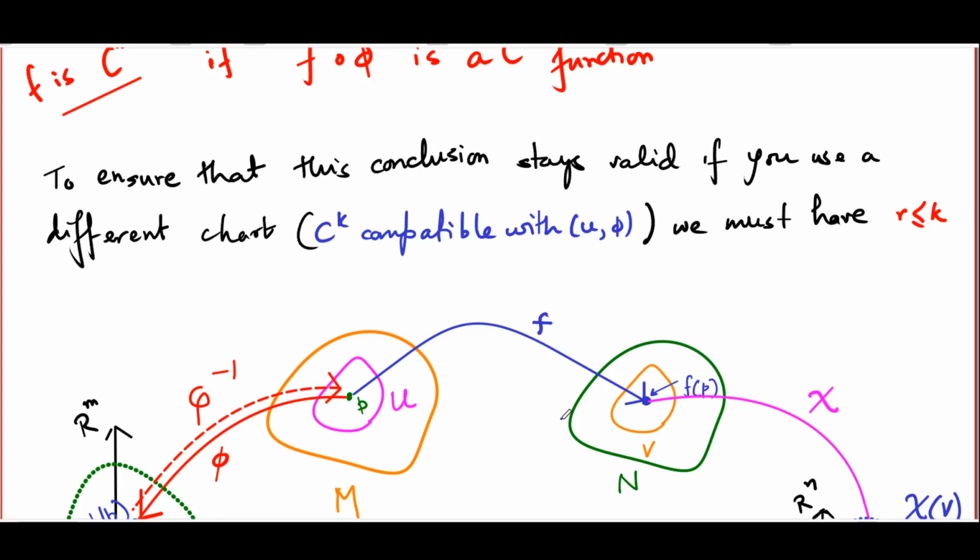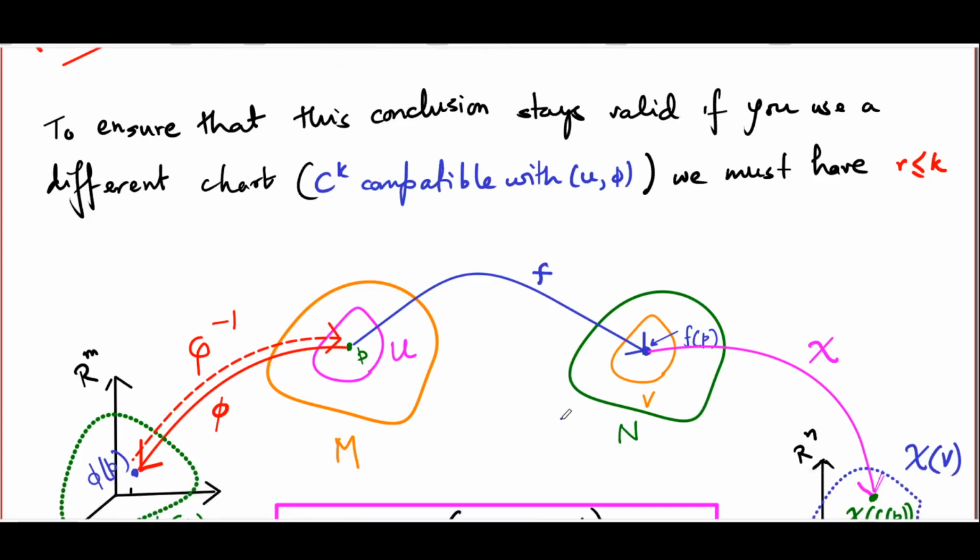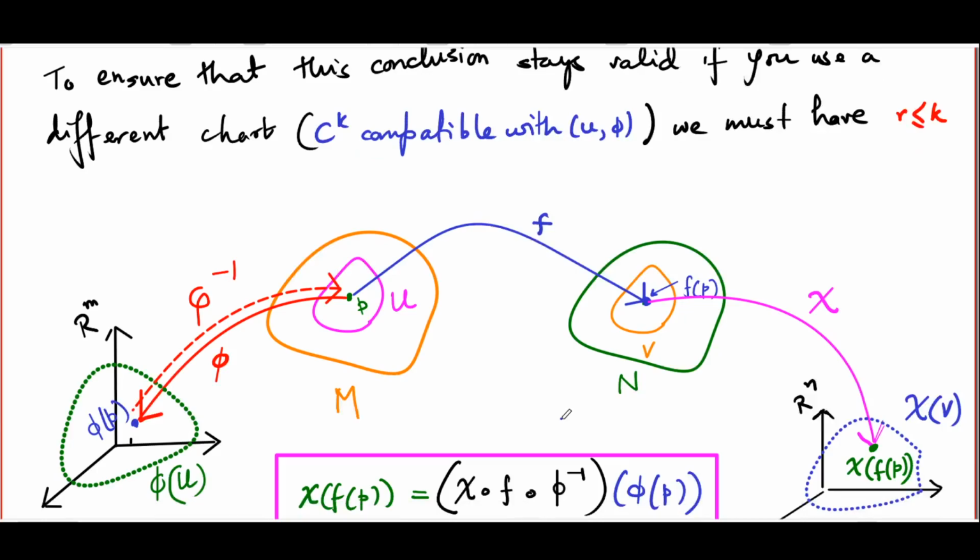Now, we want to talk about differentiability of this particular map small f. And once again, we are faced with the problem that we cannot really do calculus on an arbitrary manifold. But we can definitely do calculus on open subsets of R^m and R^n. Notice, here I have assumed that my manifold capital M is a small m dimensional manifold.